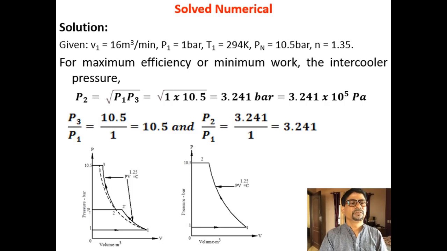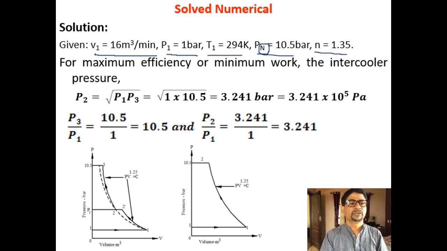So given V1 is 16 meter cube per minute, P1 is 1 bar, T1 is 294 Kelvin, Pn is 10.5 bar. It is taken as n because there are two cases, two stage and single stage. For two stage N becomes 3, for a single stage N becomes 2. Okay, so n is 1.35.